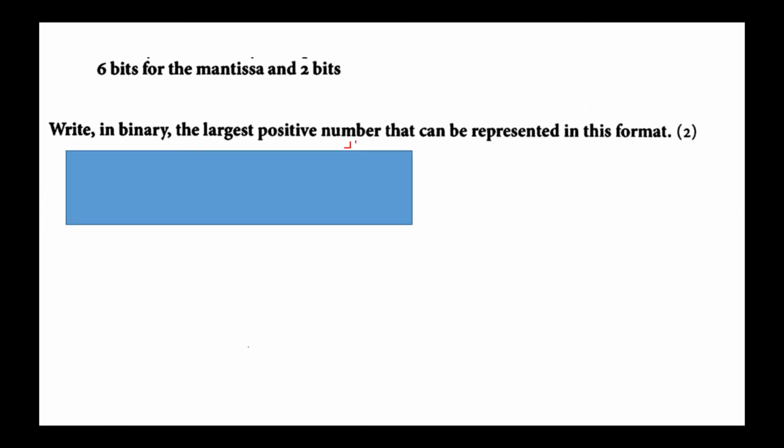So, write in binary the largest positive number that can be represented in this format, and the format is the same as previous, which was 6 bits for the mantissa and then 2 bits for the exponent. So have a go at this and see how well you do, and now let's have a look at the answers.